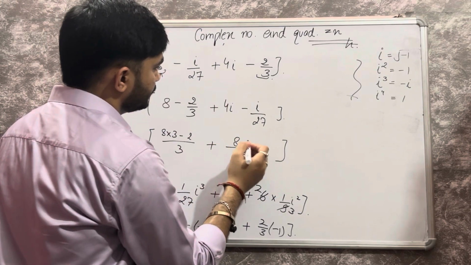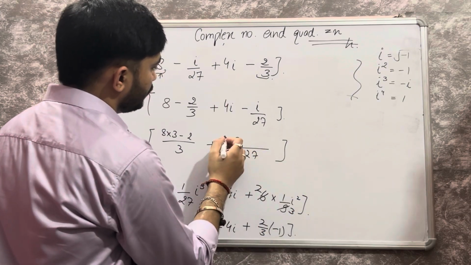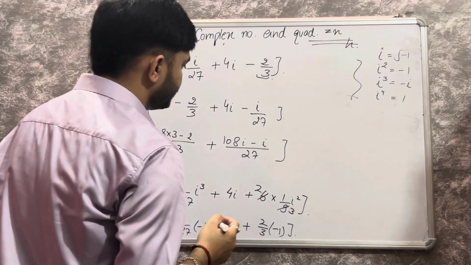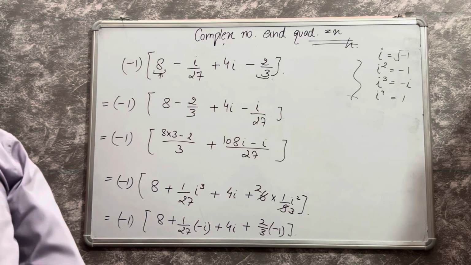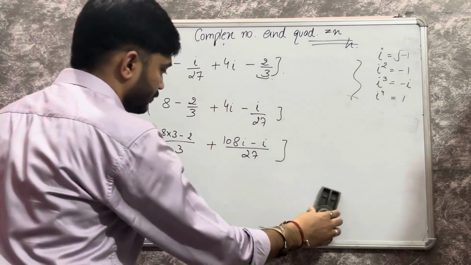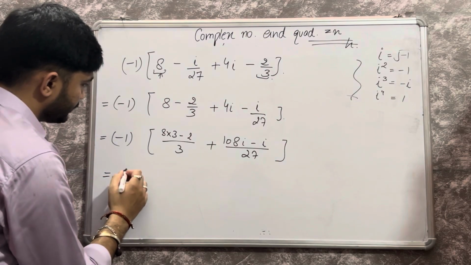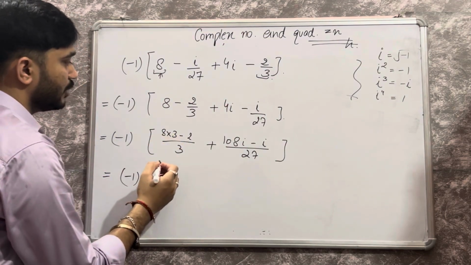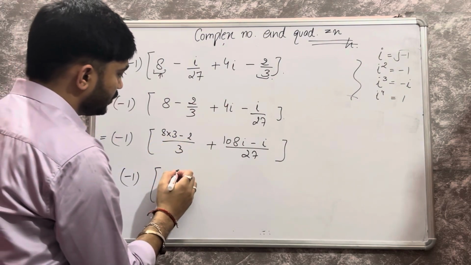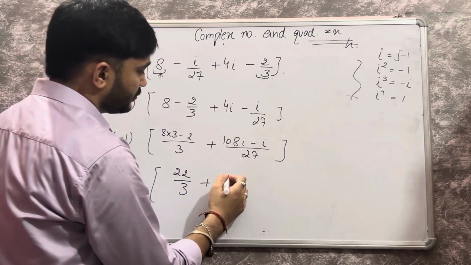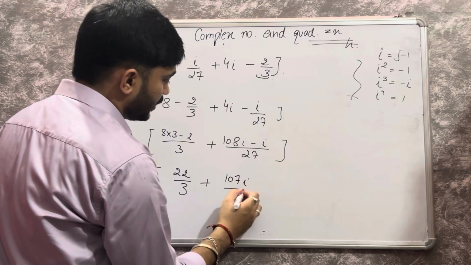That will be 108 iota minus iota. Minus 1, 8 into 3 is 24, 24 minus 2 is 22 by 3, plus 108 minus 1 is 107 iota by 27.